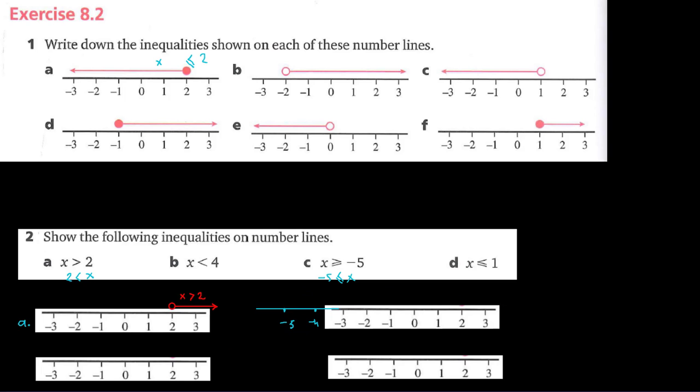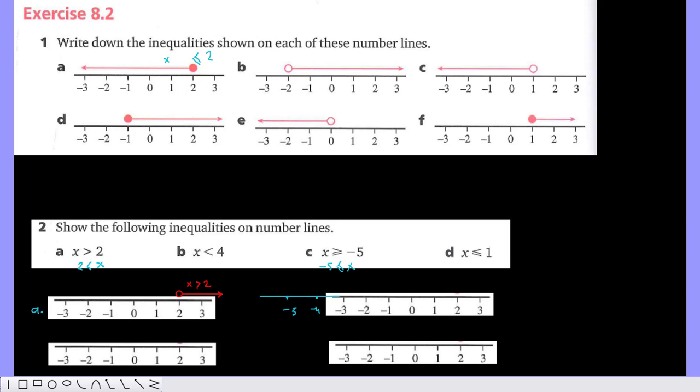And firstly, if I draw the red line here, this is going to be to this side. So this part is the first part. Then the second one is whether it should be closed or open. It should be closed because the sign is greater or equal to. So x is greater than or equal to minus 5.